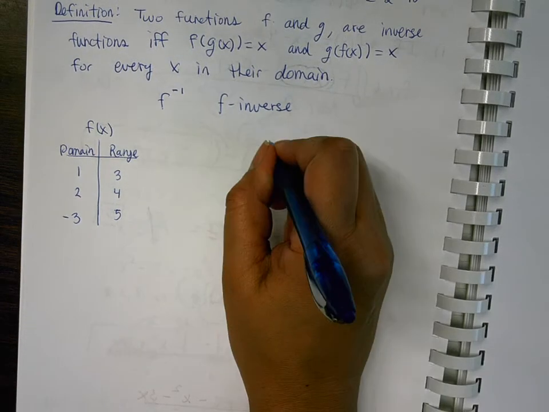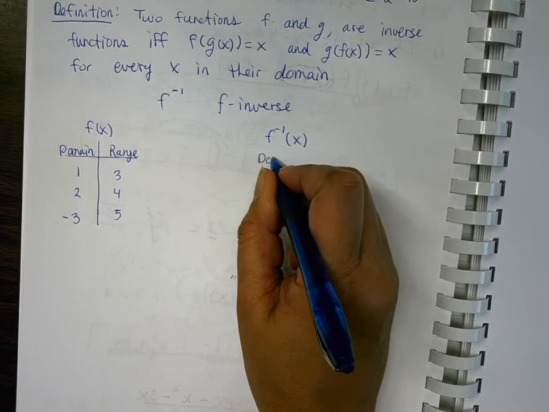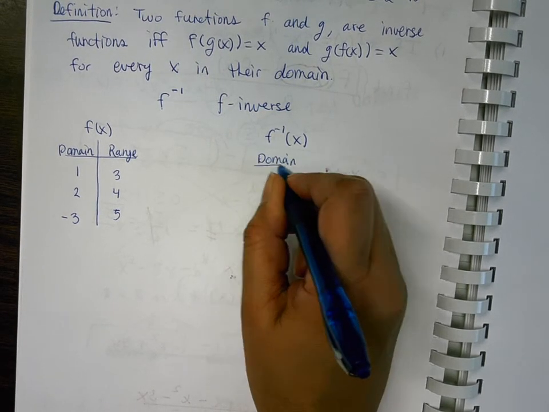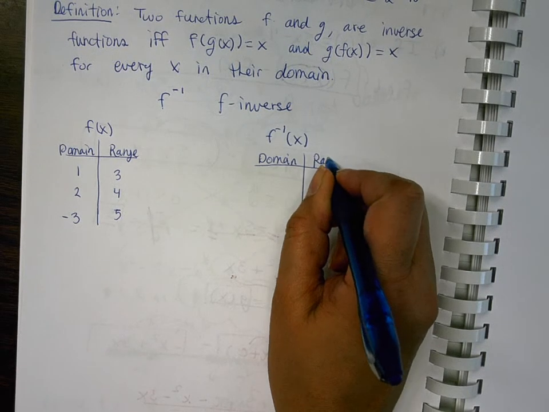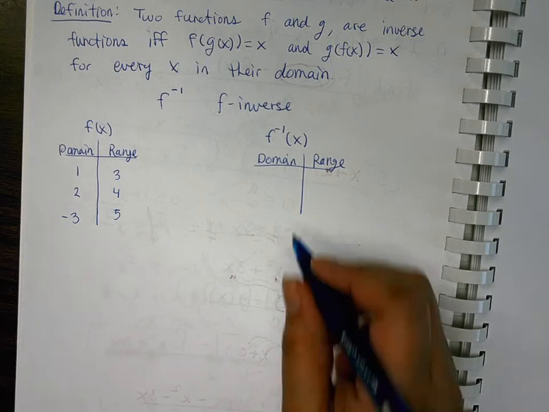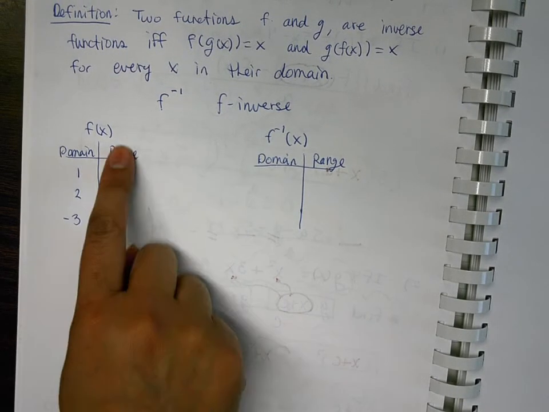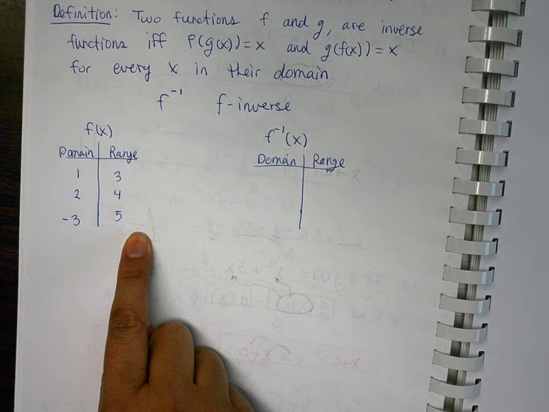Then for your inverse function, what's nice is your domain becomes your range and your range becomes your domain.